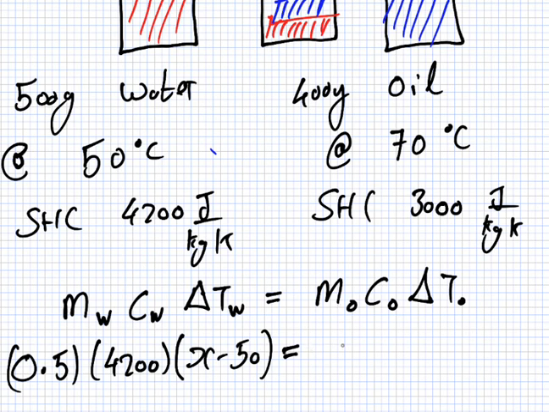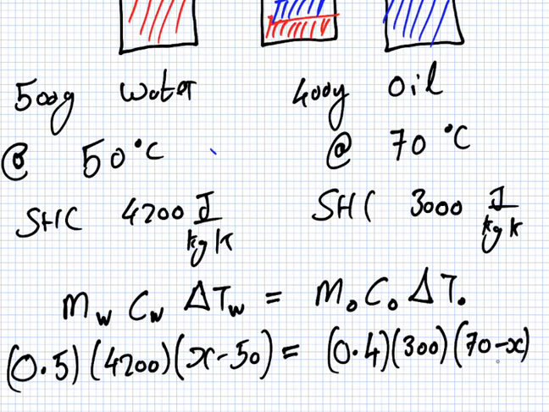Mass for the oil? 0.4. Specific heat capacity? 3000. And then the temperature here? Again, I'll do the same thing, except this time I'll do 70 minus x. The reason is to make sure I get positive on both sides, so I don't have any sign problems.